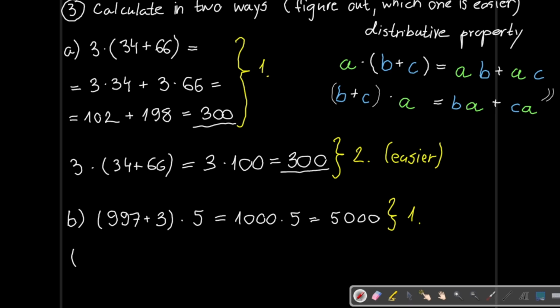So let's just solve this using the distribution rule times 5. So we multiply 997 times 5 plus 3 times 5.